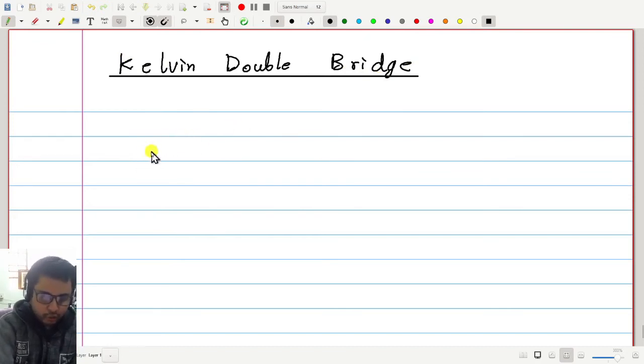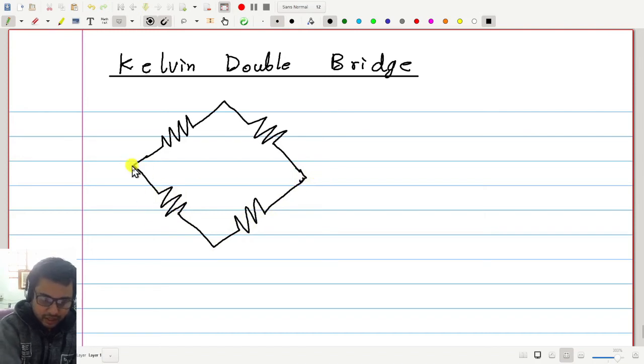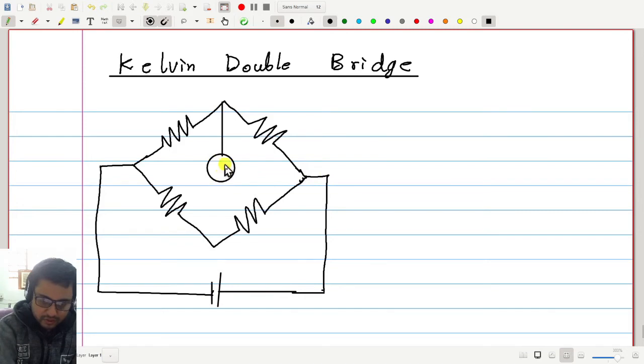So recall the Wheatstone bridge that you have studied in school. Here we have some meter, and this is how we draw it.